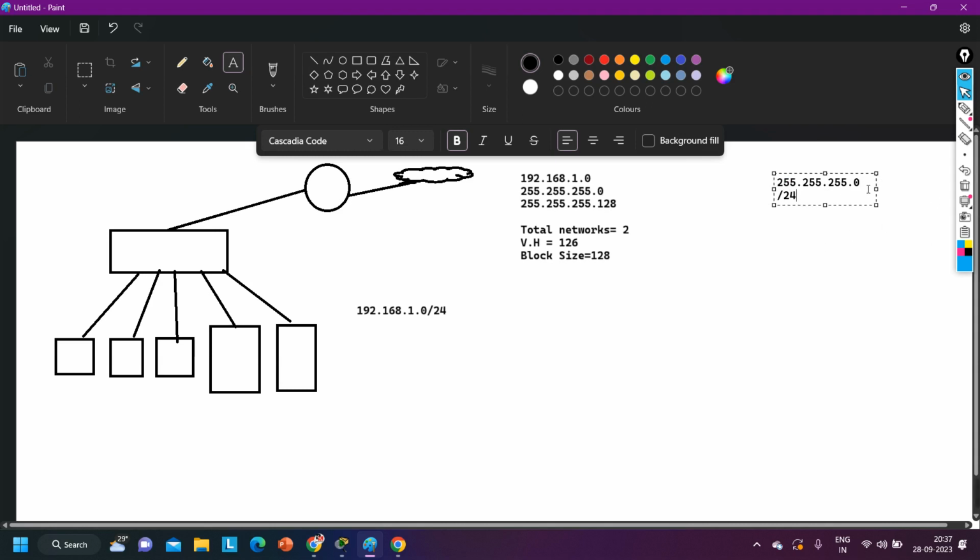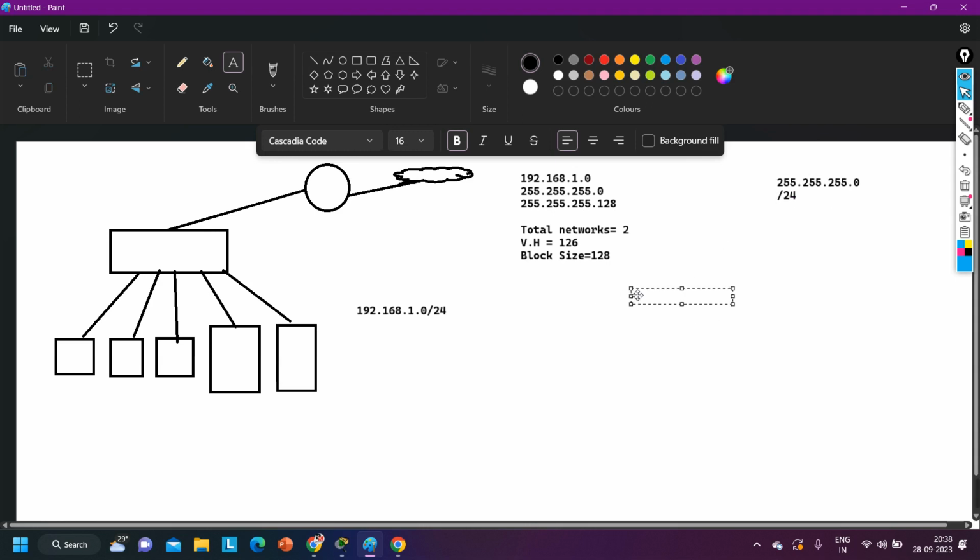Like this we represent the subnet mask with a CIDR value, and CIDR stands for classless inter-domain routing. The CIDR value represents the number of network bits, and the subnet mask represents both network bits and host bits.